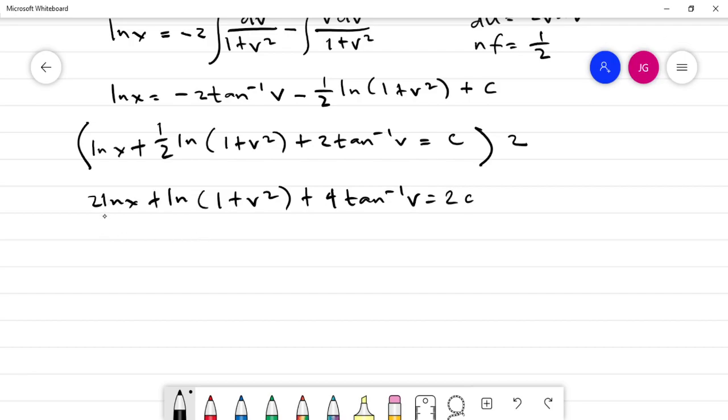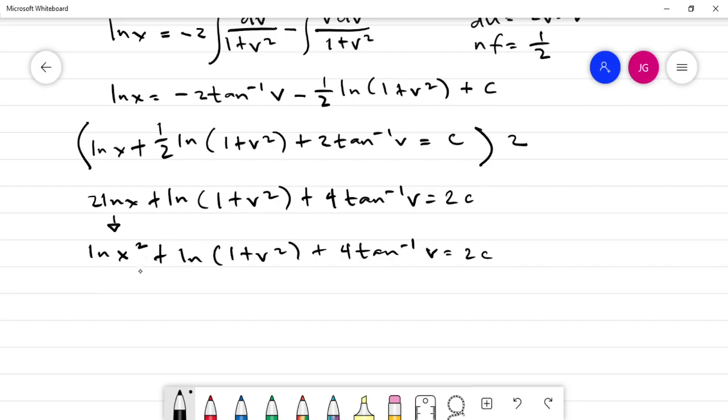So this one will become ln x squared. So ln x squared. Okay. So ln x squared plus ln 1 plus v squared plus 4 arctan v, then equal to 2c.